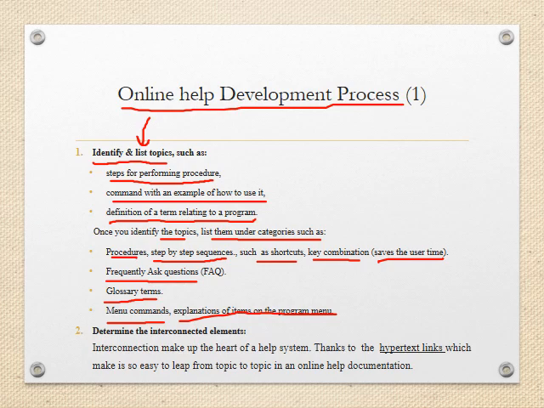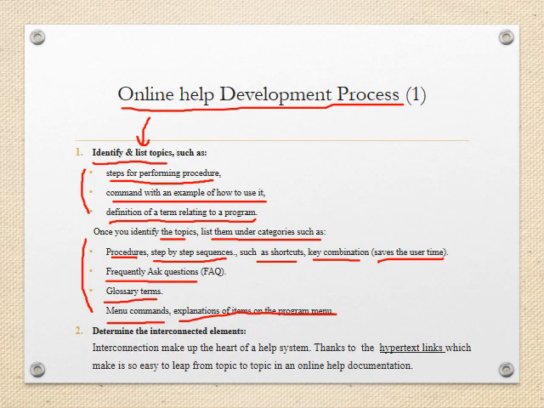What is meant here is that after we do the identification and determine the nature of the tasks or topics we want to include in the online help, which could be steps, commands, definitions and so on, we try to put them in groups, and these groups could be either procedures, frequently asked questions, glossary terms or menu commands.